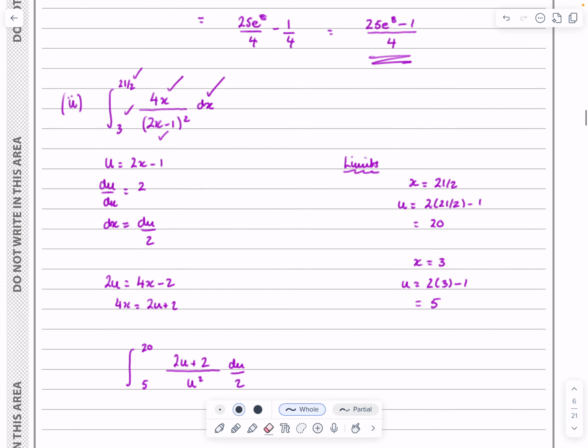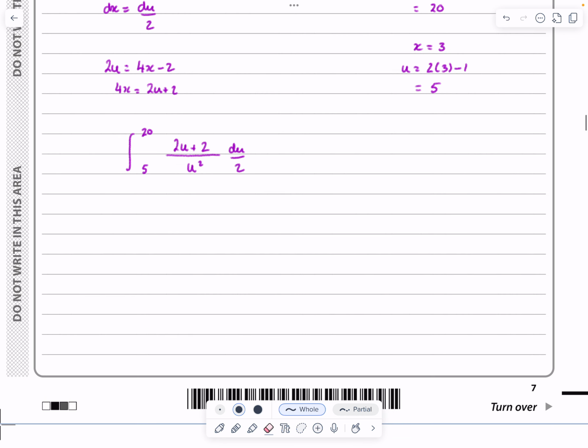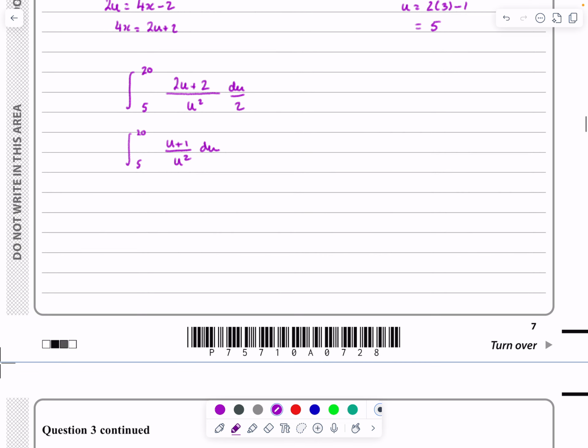Let's get rid of those ticks and confuse the examiner. This should be something relatively straightforward to do, shouldn't it? Tidying all this up, the 2's will cancel. So I get u plus 1 over u squared du.